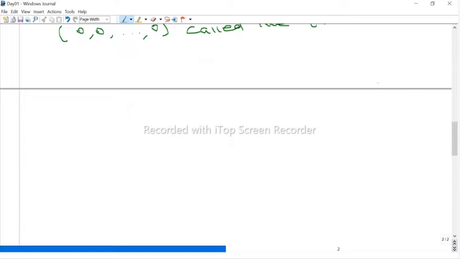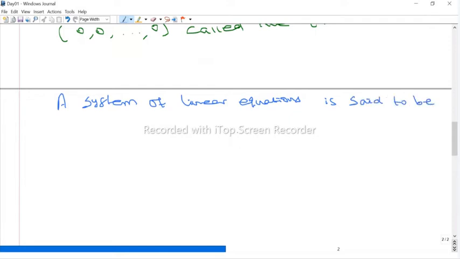So the next definition, you can write: a system of linear equations is said to be consistent if it has at least one solution.